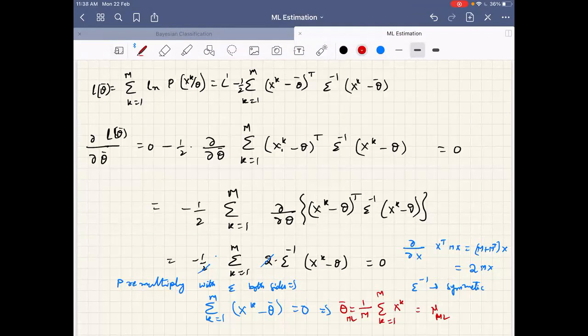Let us see for the covariance matrix, what do you think will happen? Do you think I can easily do differentiation and apply this for finding the covariance matrix by ML estimation? I just want your guess.